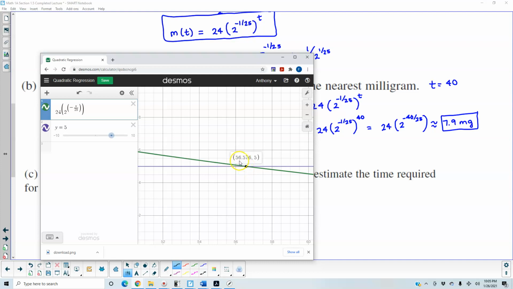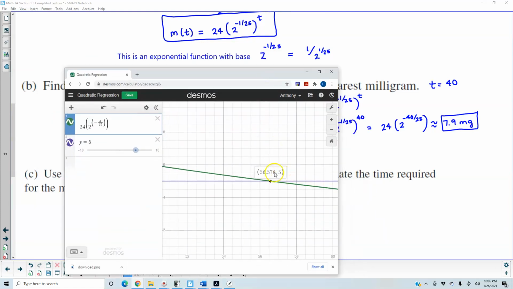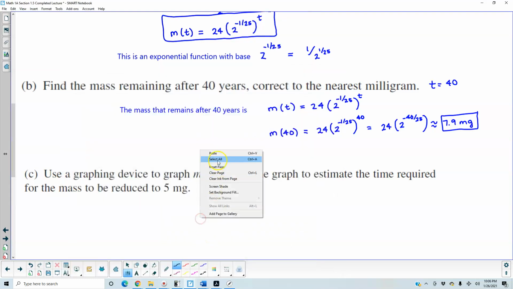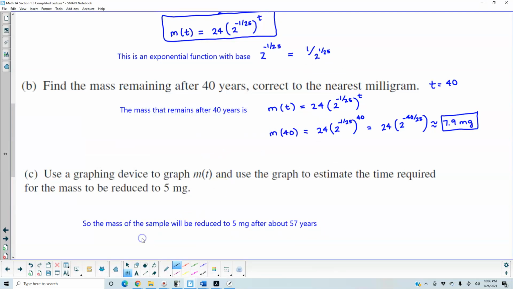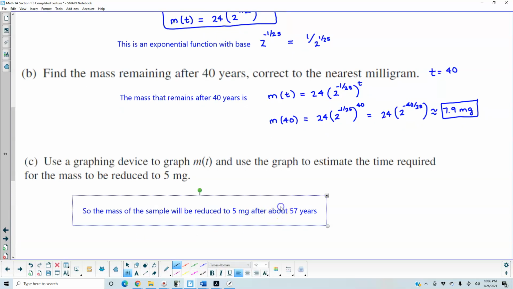So if you look here, the mass is at 5 milligrams, but then what is the time? Well, it's approximately 56. So from the graph and being able to find the intersecting point there, we can say that the mass of the sample will be reduced to 5 milligrams after about 57 years.